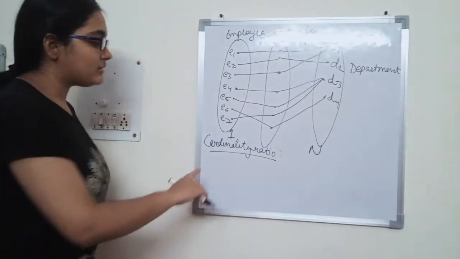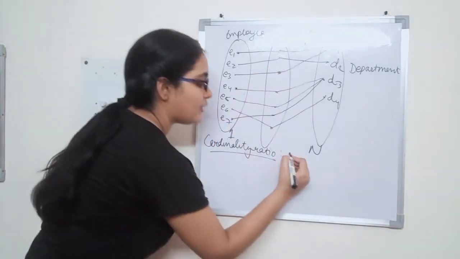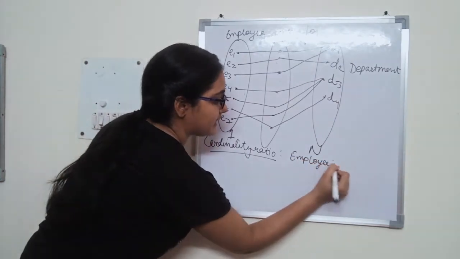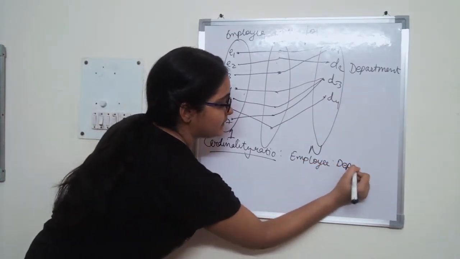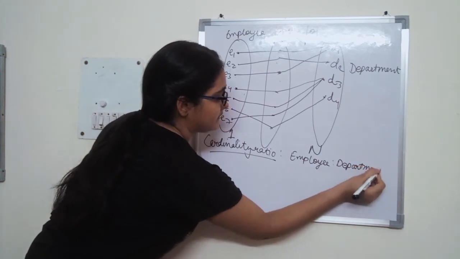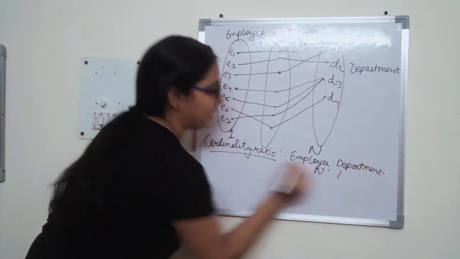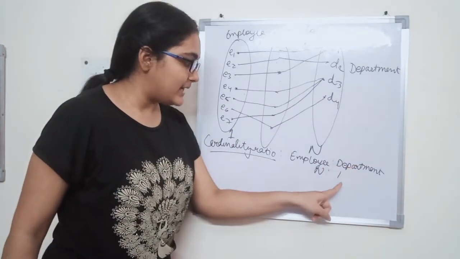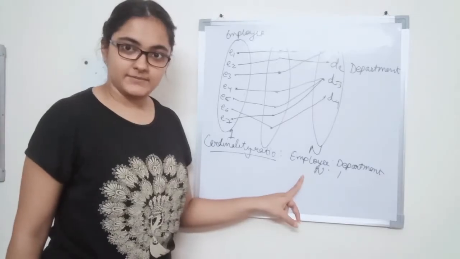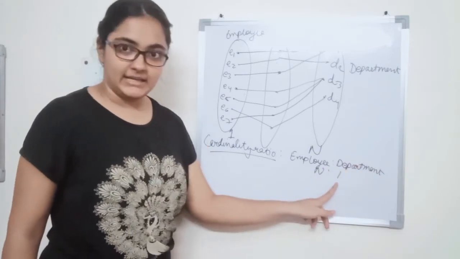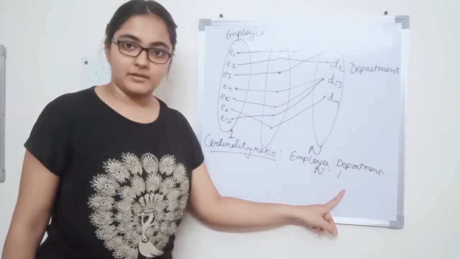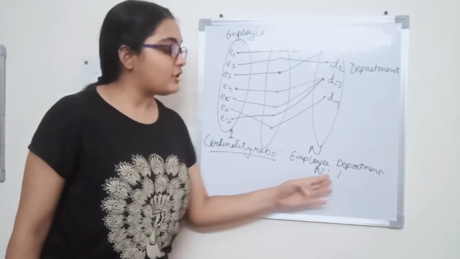But when we want to represent this relationship, employee to department, we cross-exchange it. Employee to department is N to 1 cardinality ratio. Why? It means that a department can have many employees, but an employee can have only 1 department. An employee cannot have many departments.